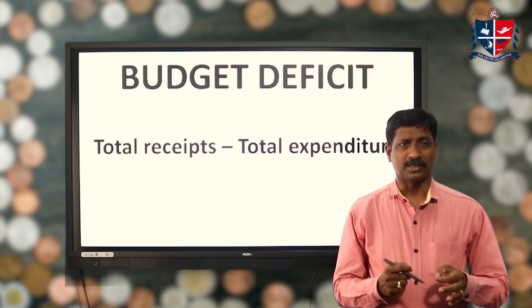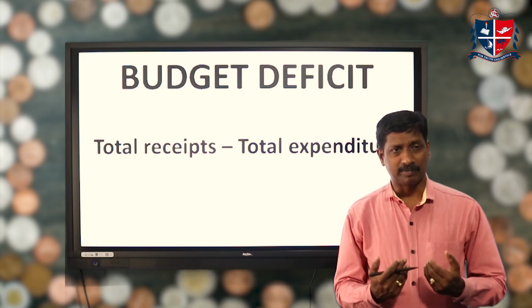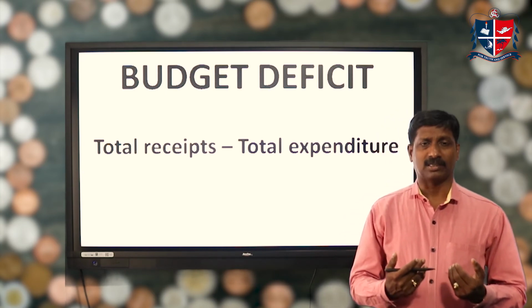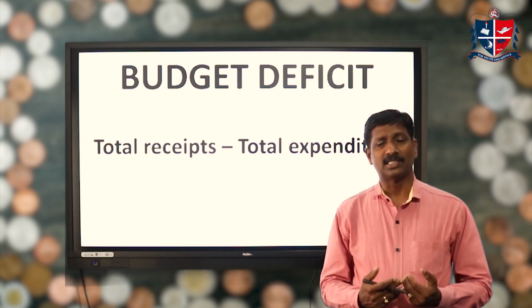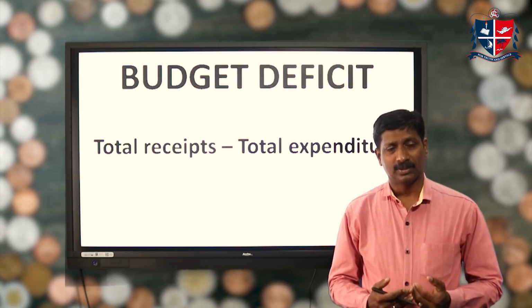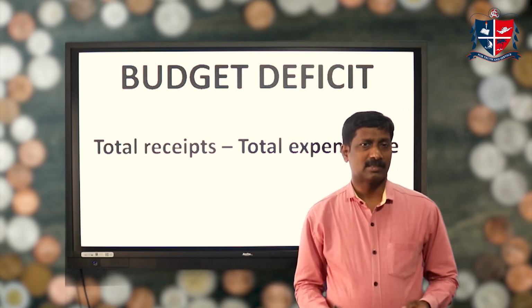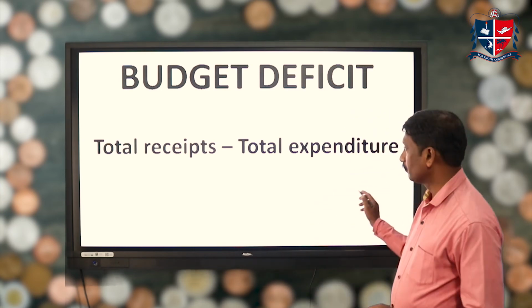This is a very crucial term, budget deficit. It is related to the anticipated total receipts and anticipated total expenditure of the government during a financial year. If there is an imbalance between these two, it can be termed as budget deficit.